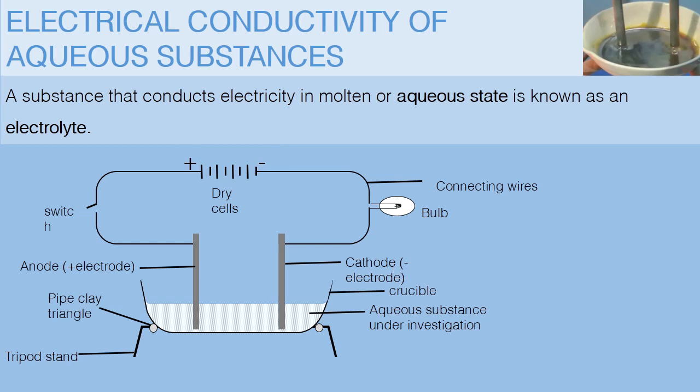So what is an electrode? Since an electric current is the flow of electrons, an electrode is a conductor through which electrons enter or leave the electrolyte.